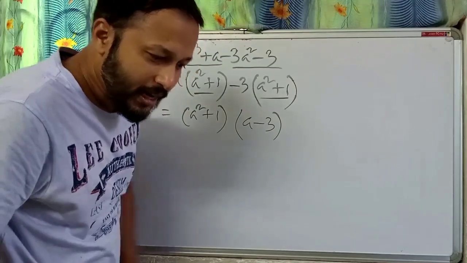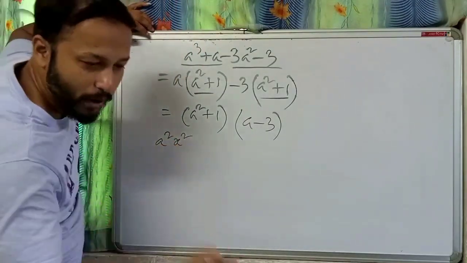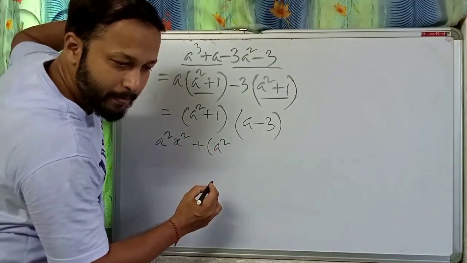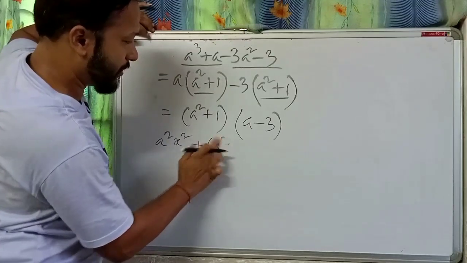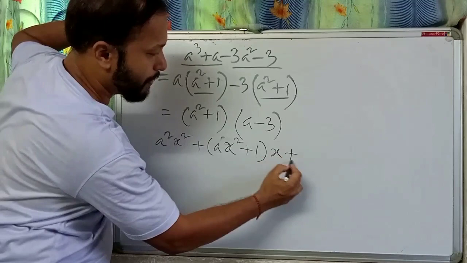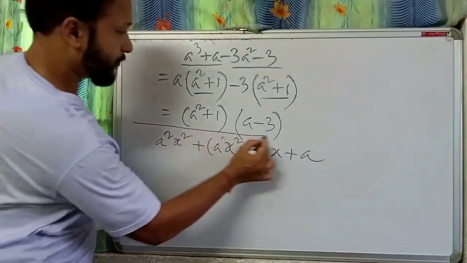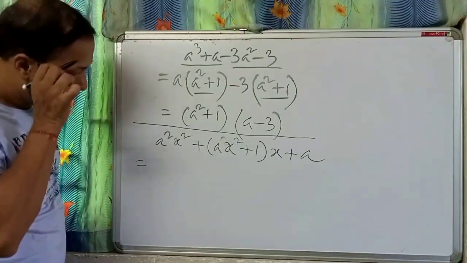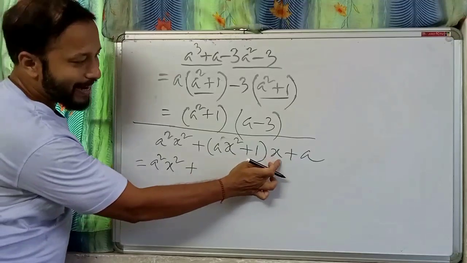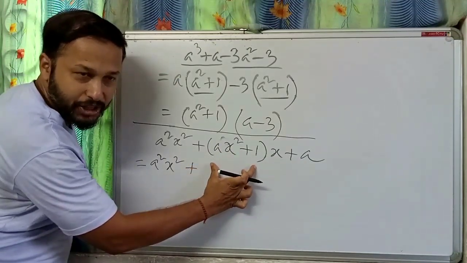Next question. The next question is ax square(x square plus a) plus 1 times (x plus a). This is the sum. Fine. So see here what we will do: x will multiply inside, I mean we'll remove the bracket.